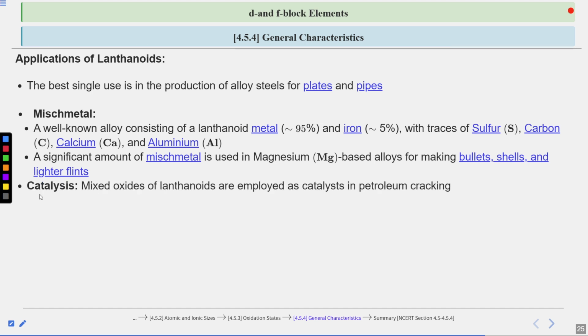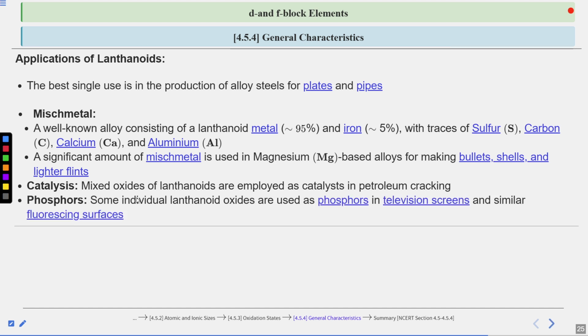Catalysis: mixed oxides of lanthanoids are employed as catalysts in the petroleum cracking process. Phosphors: some individual lanthanoid oxides are used as phosphors in television screens and similar fluorescing surfaces. So these are the applications where we can use the lanthanoids in various industries or fields.